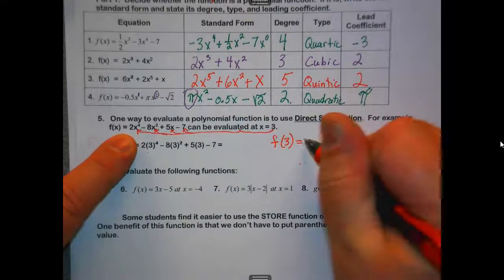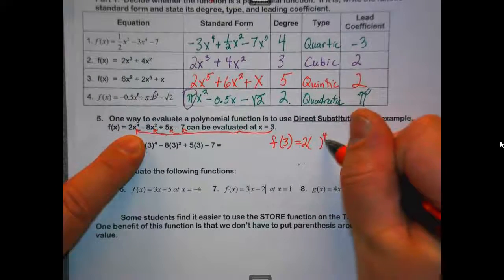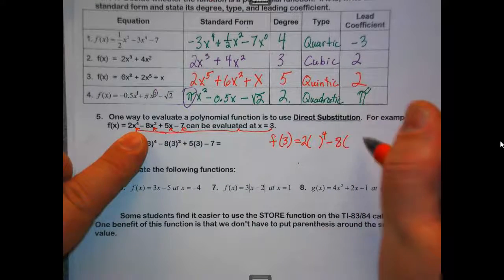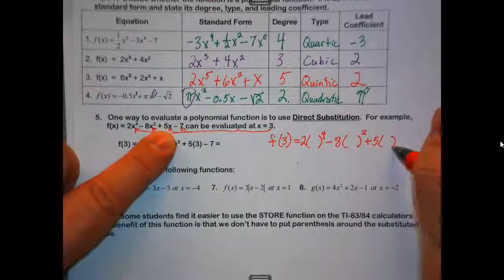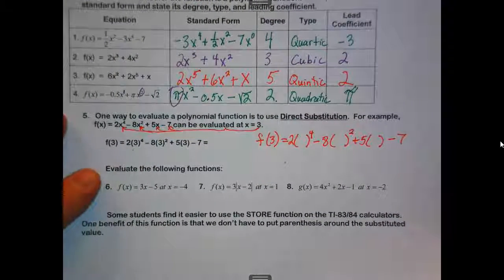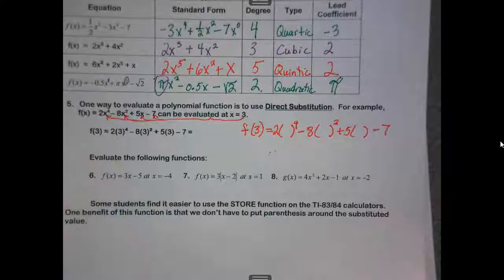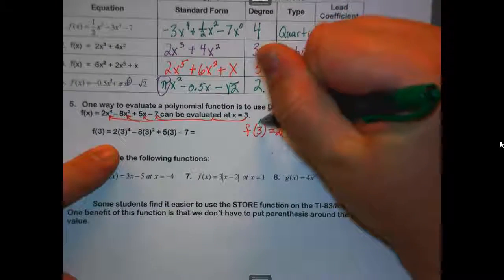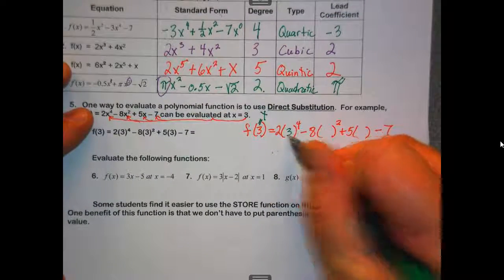I like to put parentheses around the x's where we're going to substitute so I don't make a mistake when I put this in a calculator. So everywhere I have an x, I'm putting parentheses. That way I won't screw this up when I put in my substitution. It's already written out; I'm just doing it for teaching purposes. And this is what my x equals, so instead of x, I'm putting in my 3.